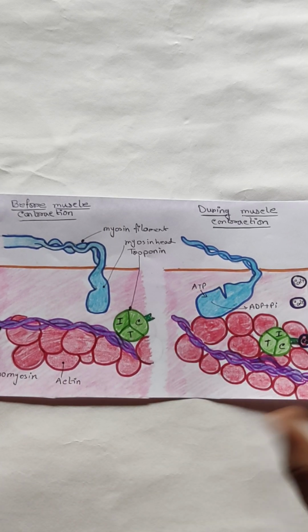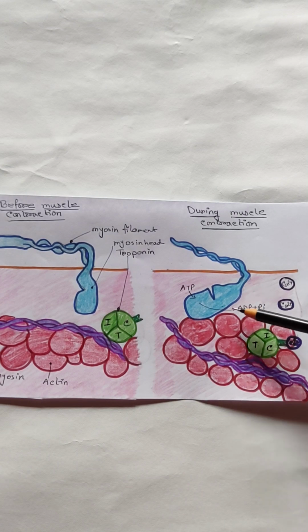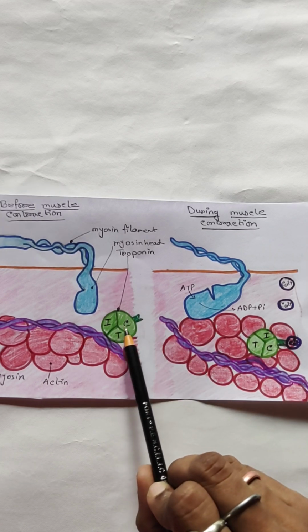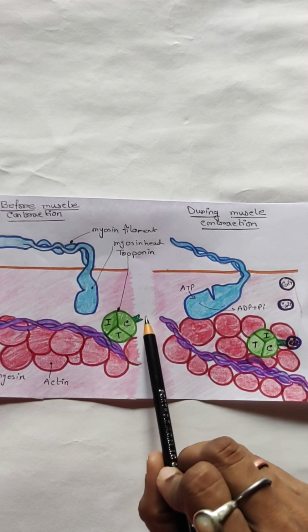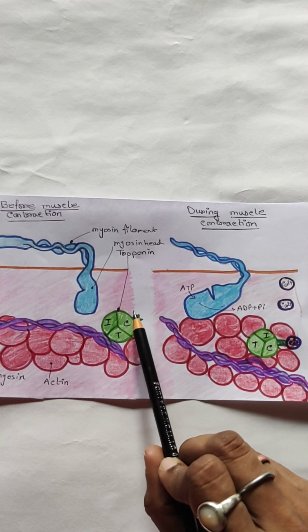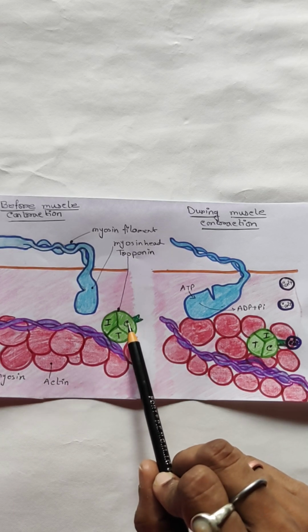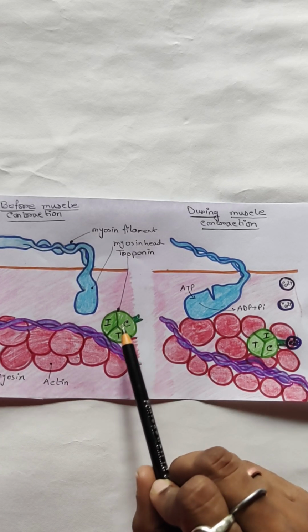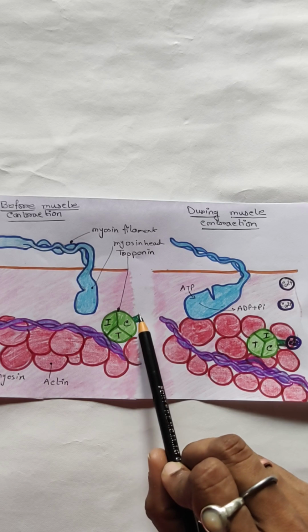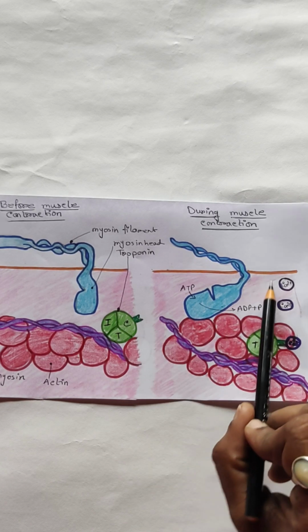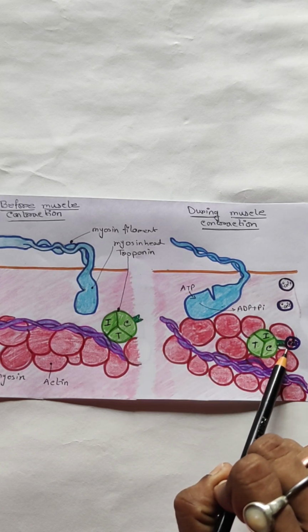And here, during muscle contraction, what happens? 4 calcium ions come and combine with the troponin. Look at this picture, there is a calcium receiving site, a receptor. C means calcium binding site. Calcium comes and combines with this receptor.